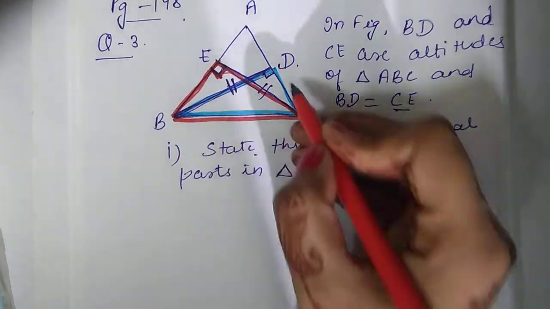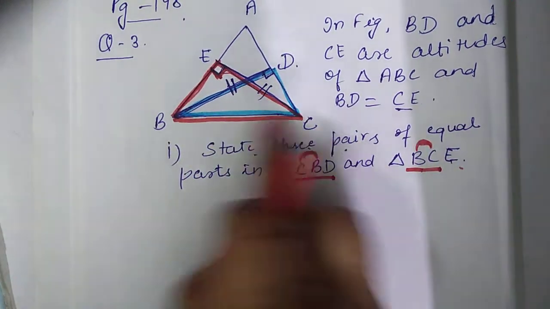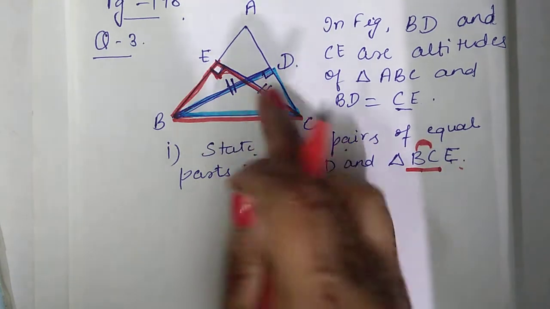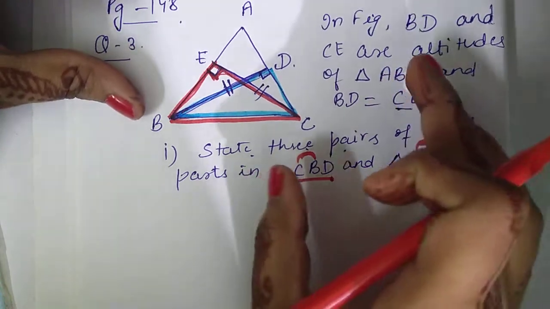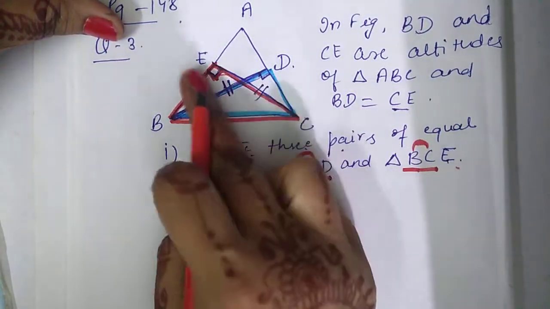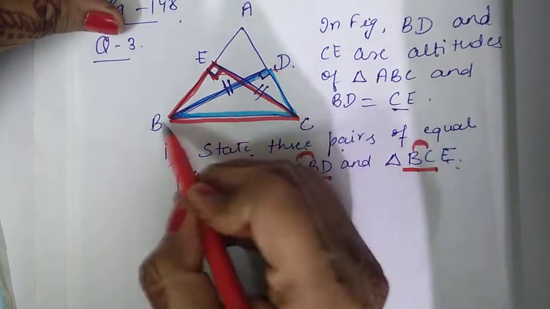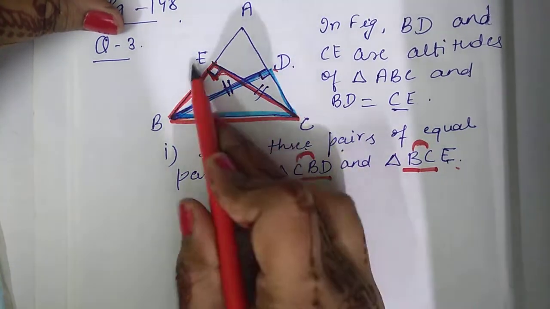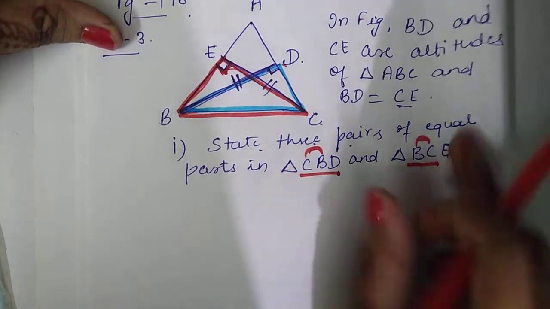Opposite to this 90 we have BC as hypotenuse, in triangle BDC also BC is the hypotenuse. So hypotenuse is equal in both triangles because they are common. And this side BD of triangle BDC is equal to EC of triangle EBC. They are also equal. So we have observed the three equal parts.